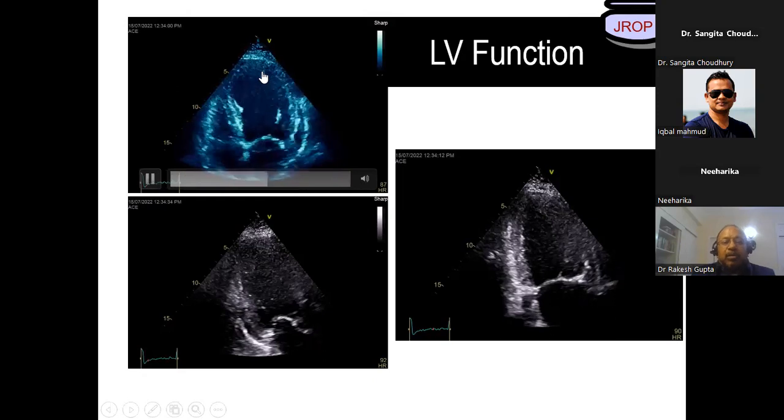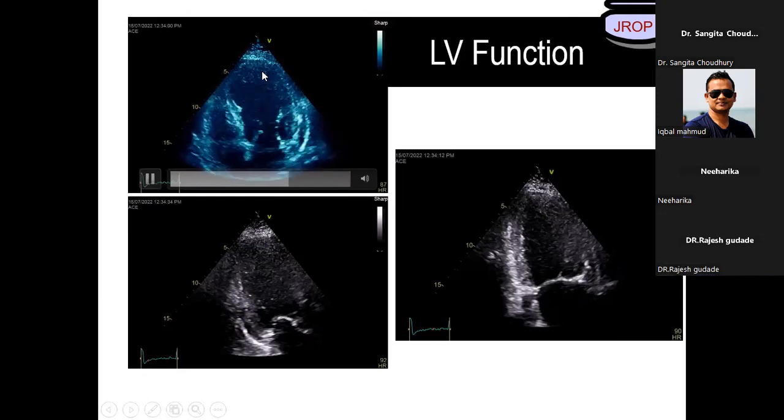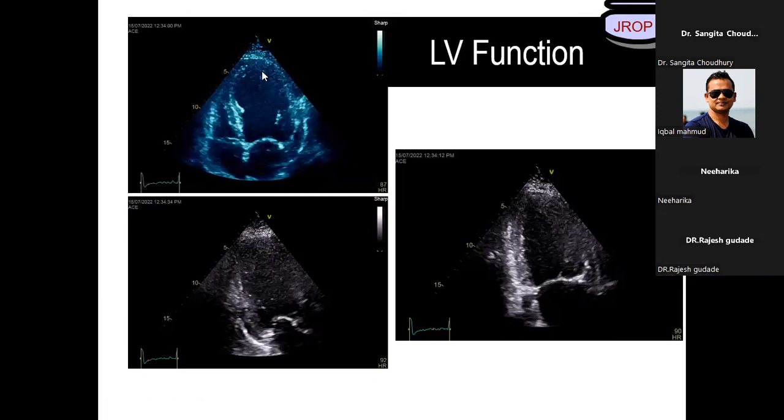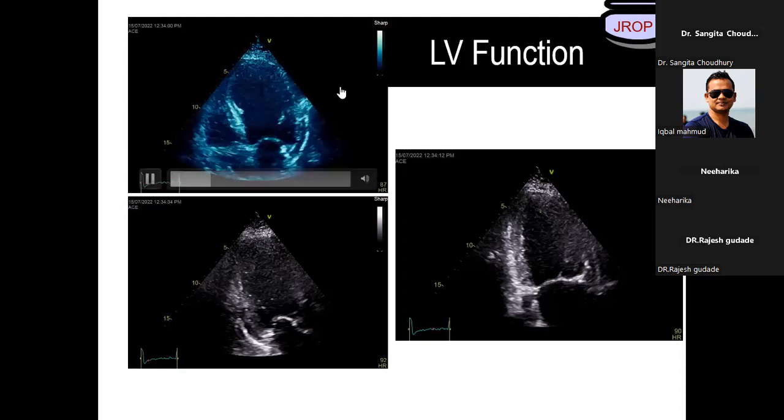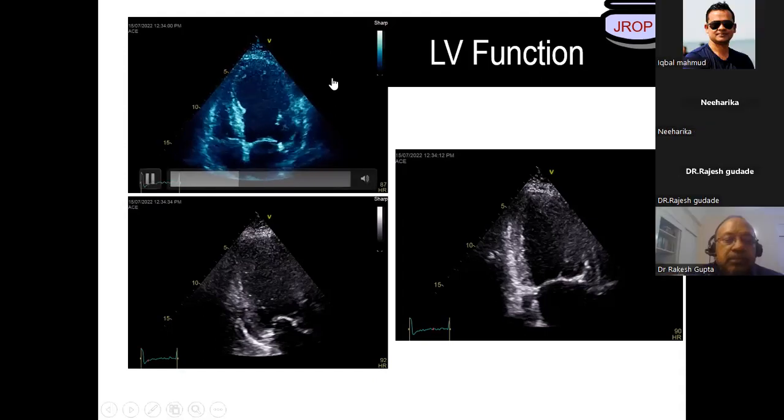Nitin, go ahead. Sir, there is a possible clot in the apex because it is hypokinetic and also dilated. Nitin, my purpose of showing this slide is very clear. I cannot make out anything in the apex.